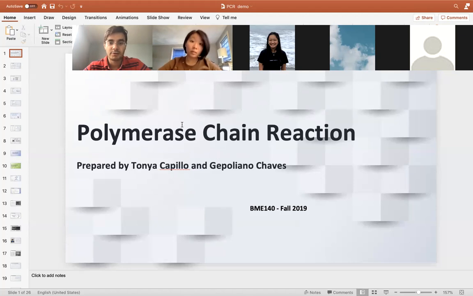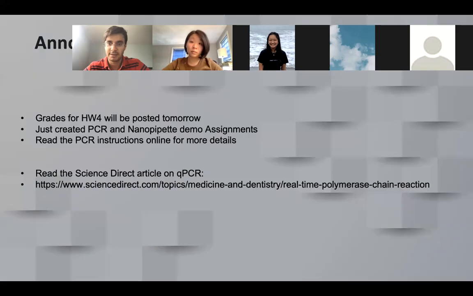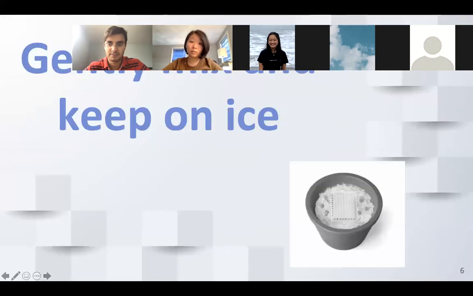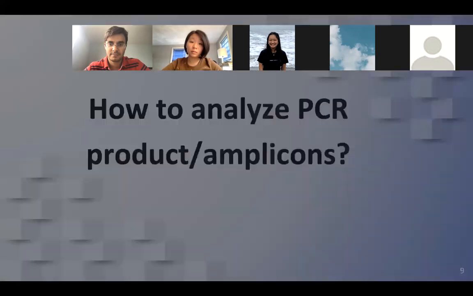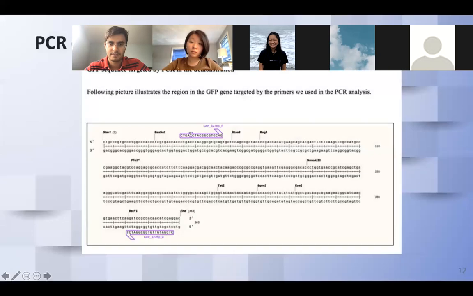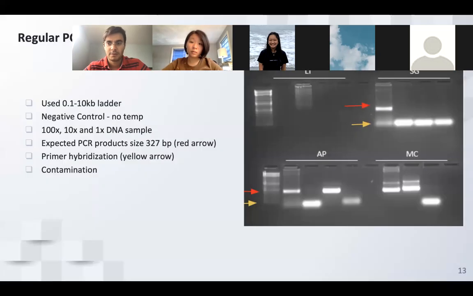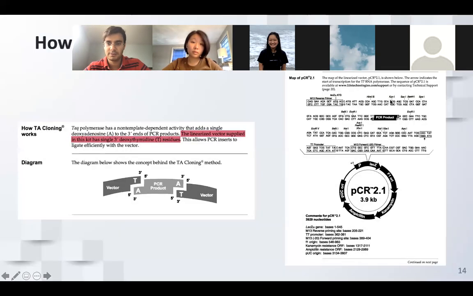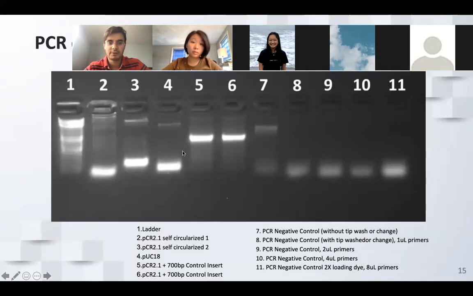I need to show you the basics of PCR, but let me address Lucia's question. When I say amplicon size, I am talking about the length of the bases that are going to be detected in a gel electrophoresis.